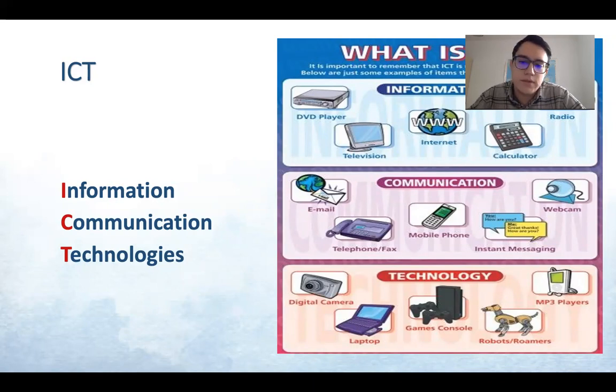You can see which goes into what category. For example, information, you can see DVD player, television, internet. Communication, you can see email, mobile phone. Technologies, you can see games, console, laptop, and etc.